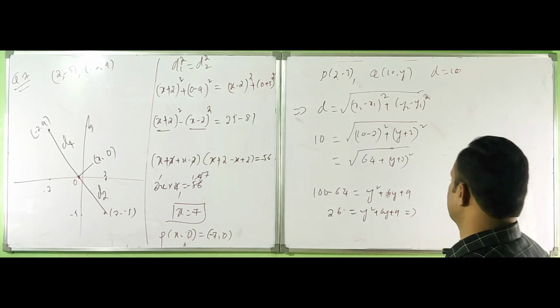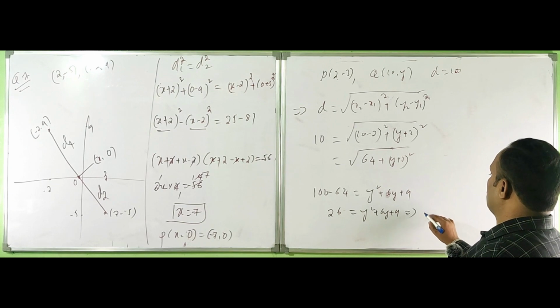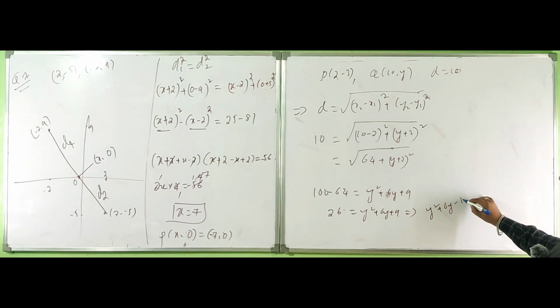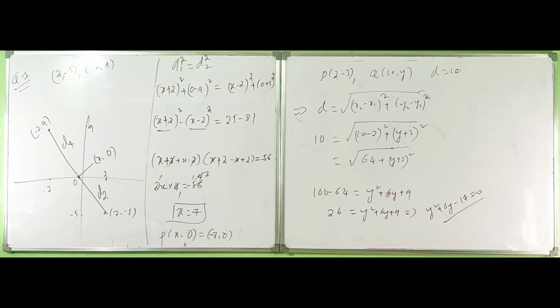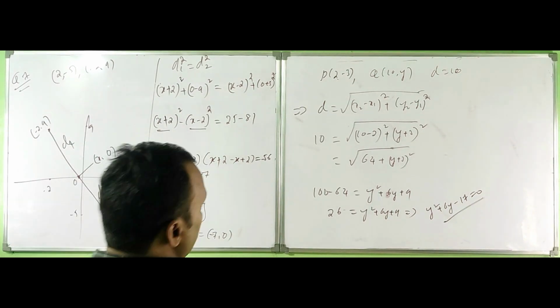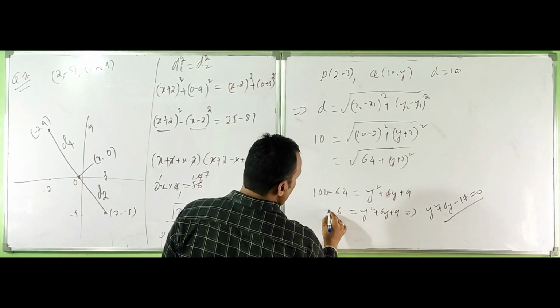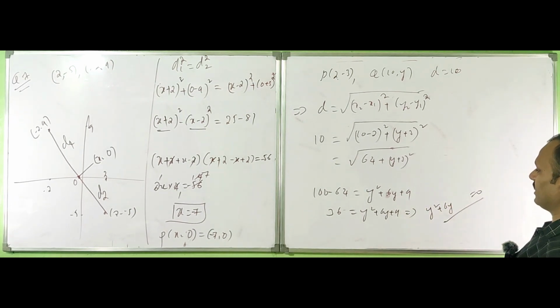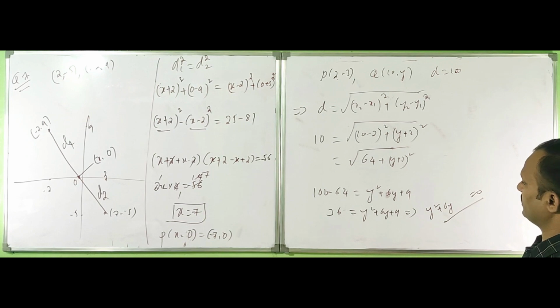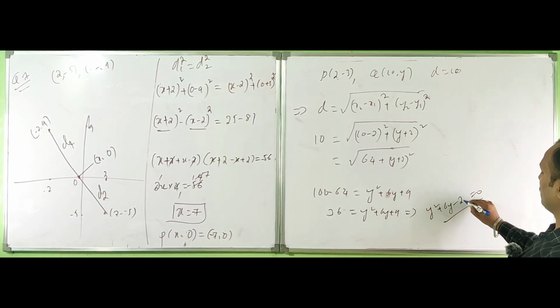This implies y square plus 6y minus 27 is equal to 0, because 36 minus 9 is 27, I am getting, right?